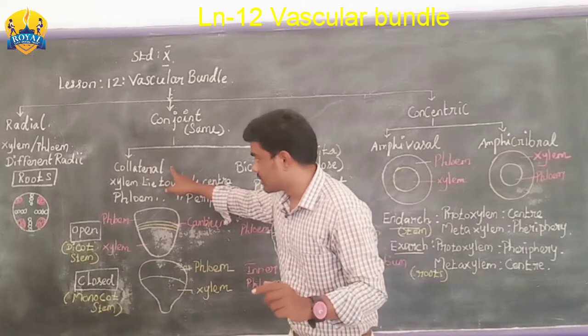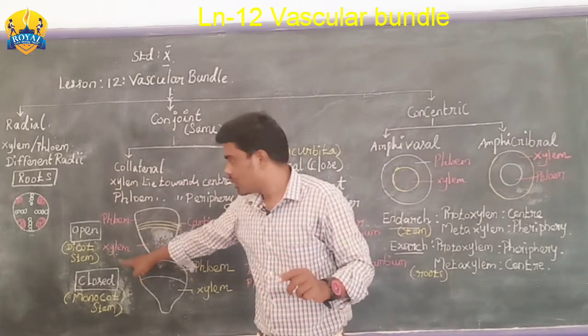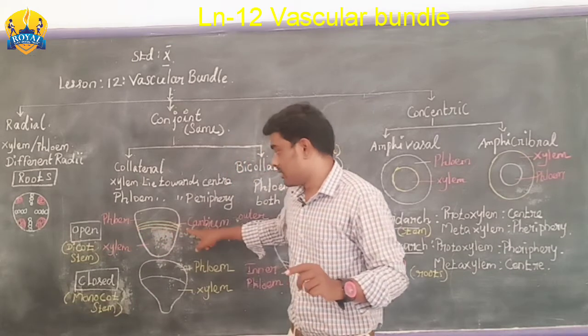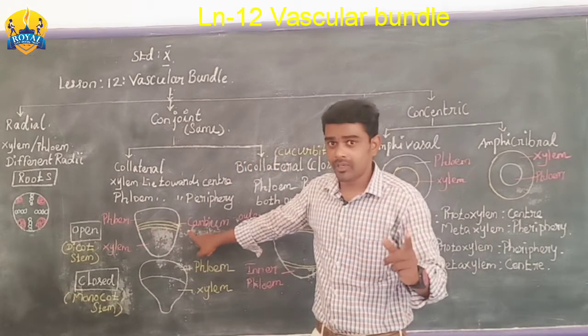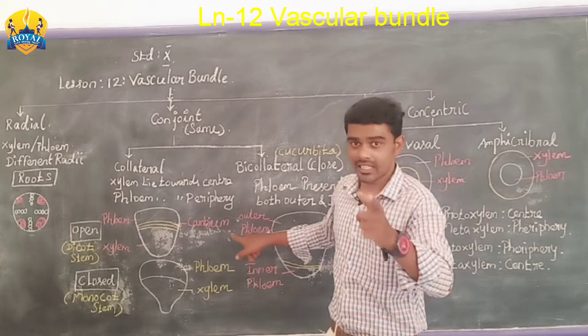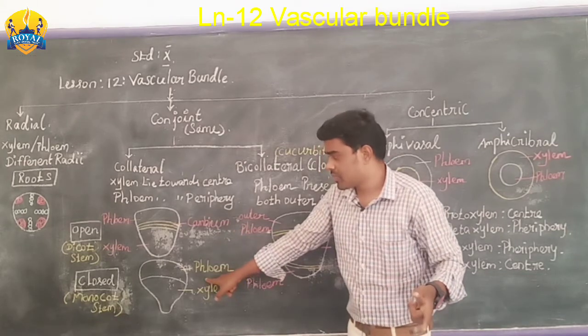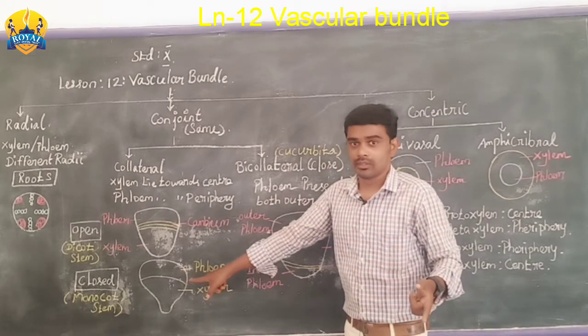Collateral is basically two types: open collateral and closed collateral. In open collateral, xylem and phloem are divided by the cambium, which helps the secondary growth of the plant. Where the cambium is absent, it is called a closed vascular bundle.